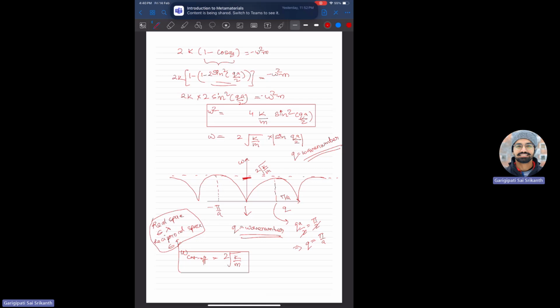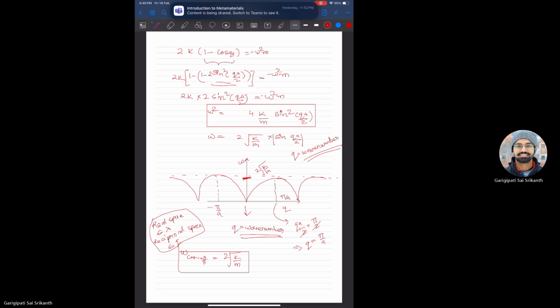So that's interesting. Just like we said that because of periodicity in the real space, you don't need to analyze each and every unit cell. You can just analyze one unit cell. Similarly, because of periodicity in the reciprocal space, you don't need to analyze each and every zone here. You can just analyze from here to here, and everything else is just a repeating pattern. It's a crystal.